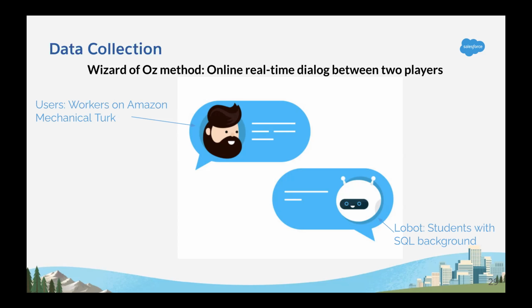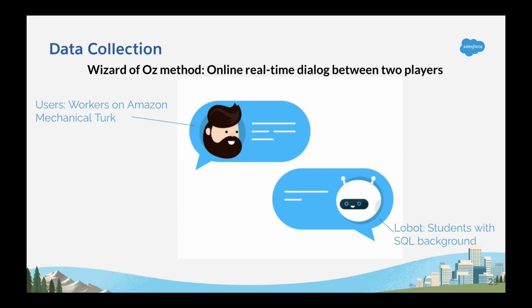So we hired some workers on Mechanical Turk, and on the other side we hired some students who are masters of SQL and told them to pretend to be a robot. Then we give the workers a question and a table, and tell them you are talking with a robot.